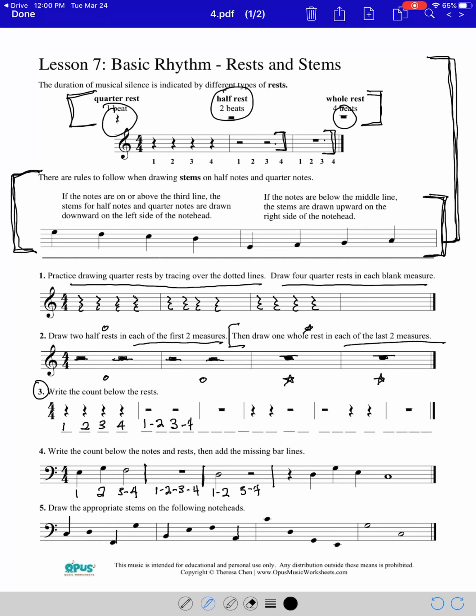A musician would think that looks really weird. You also don't want to put it on the left and up. Okay? So we're having it on the left and down if it's on the middle line or above, and on the right and up if it's below the middle line. There we go.